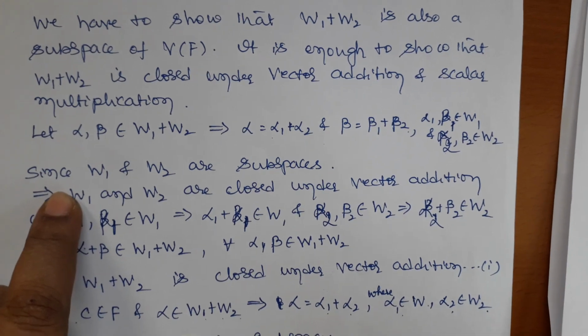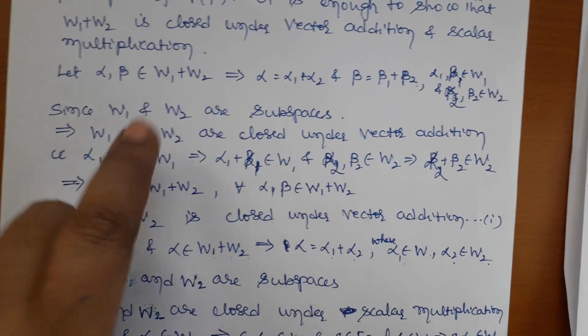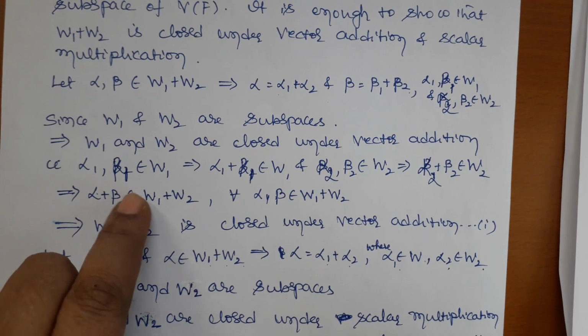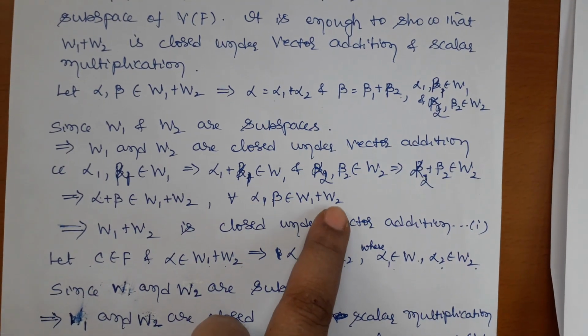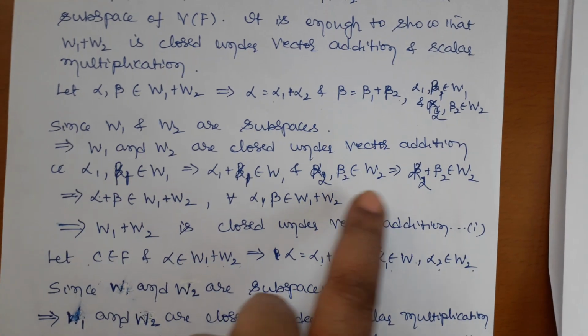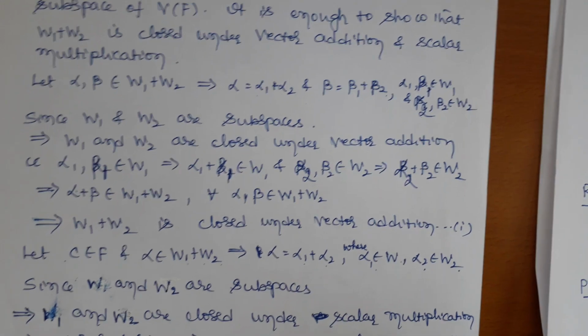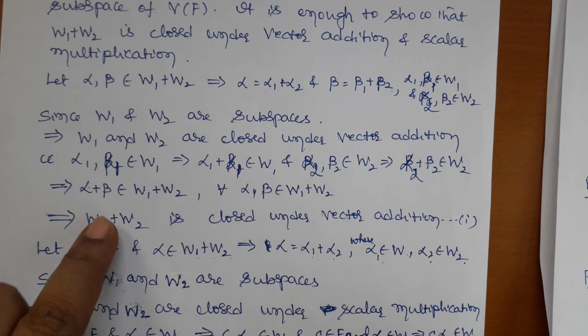Since we assumed that W1 and W2 are subspaces, each is closed under vector addition. Therefore, alpha 1 plus beta 1 belongs to W1, and alpha 2 plus beta 2 belongs to W2.